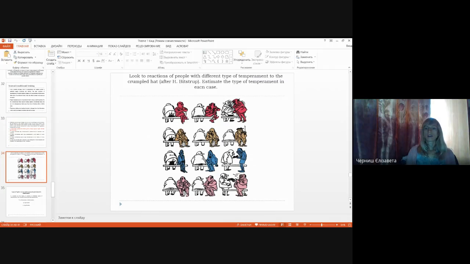For example, you can look at the reaction of people with different types of temperament to similar processes, one similar situation, but different people have different reactions because it is connected with the type of temperament and the type of nervous activity system.